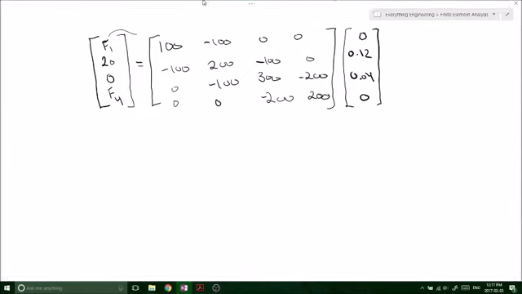F1 is equal to, if you remember linear algebra, our first row times our displacement vector, and that's all we have to do to find our force.